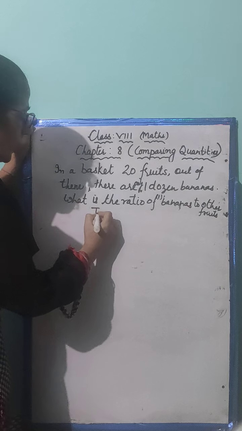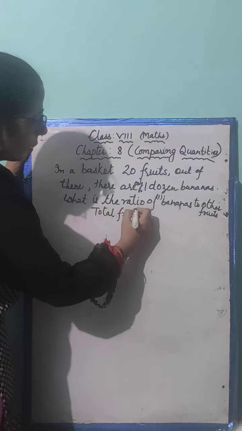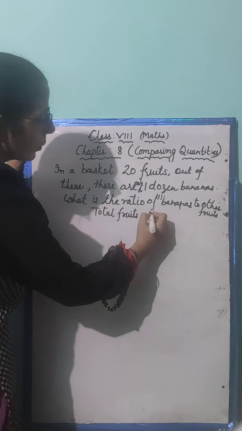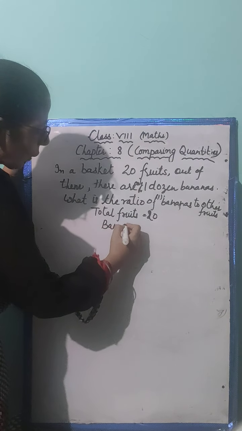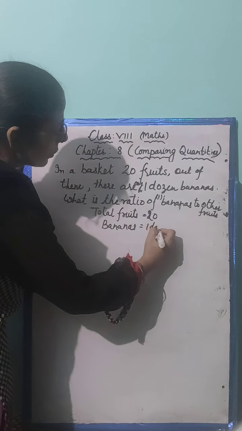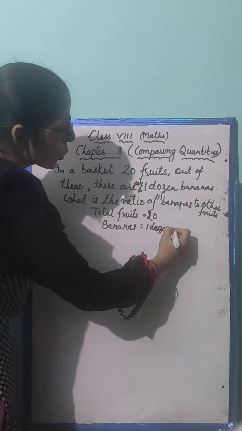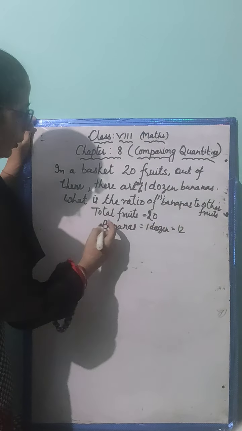Total fruits were 20. Bananas, 1 dozen. 1 dozen means how many bananas? 12. 1 dozen means 12. So I have to find the ratio of bananas to other fruit.